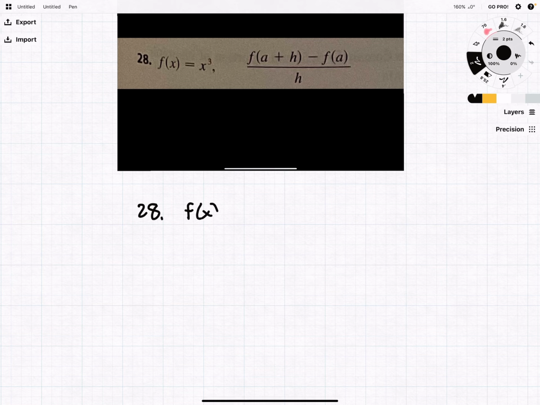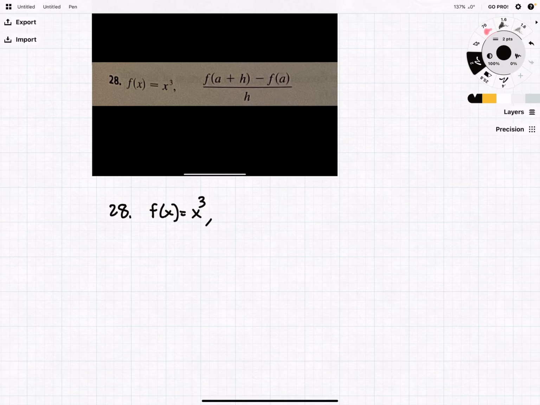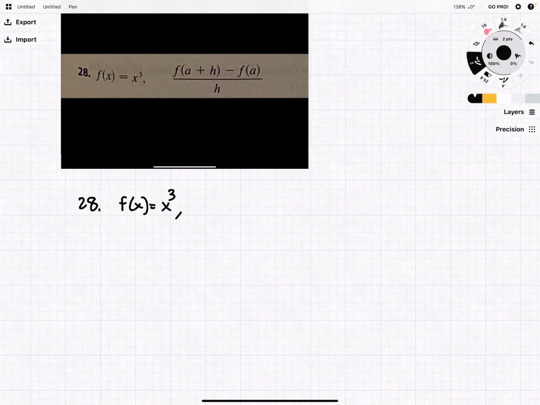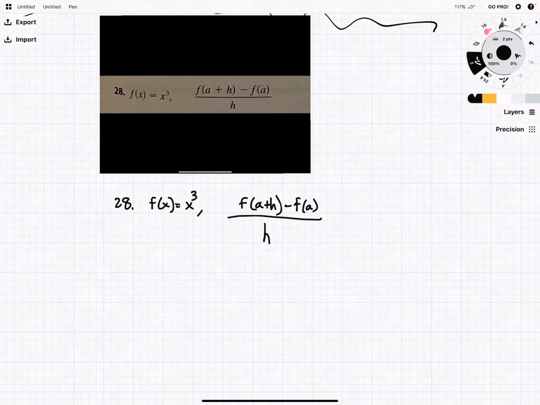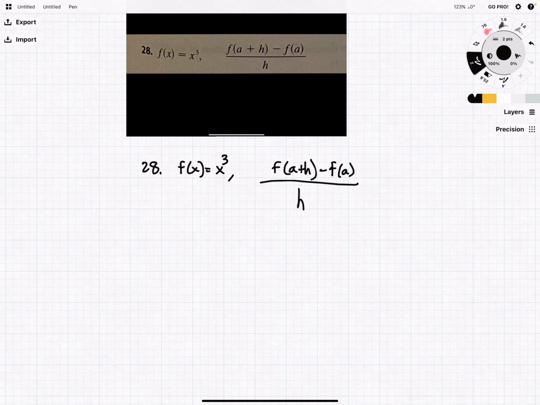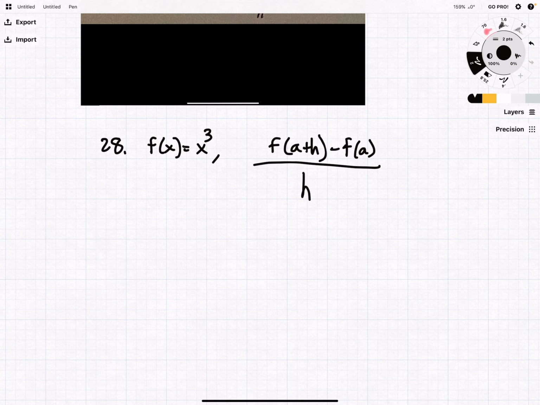f of x equals x cubed. And what they want is they want us to use the difference quotient for f of a plus h minus f of a all over h. Okay? And as mentioned on problem 27 and a problem before that, when we have this f of a plus h, it does not mean f times a plus h, right?